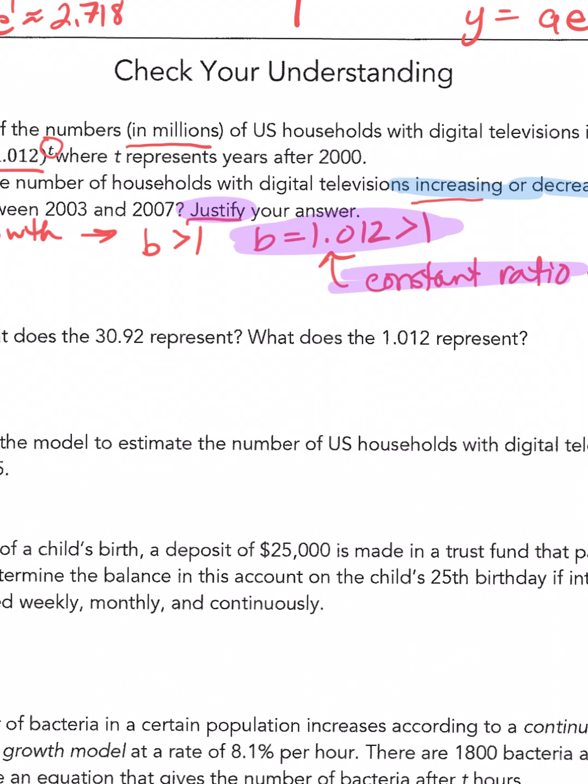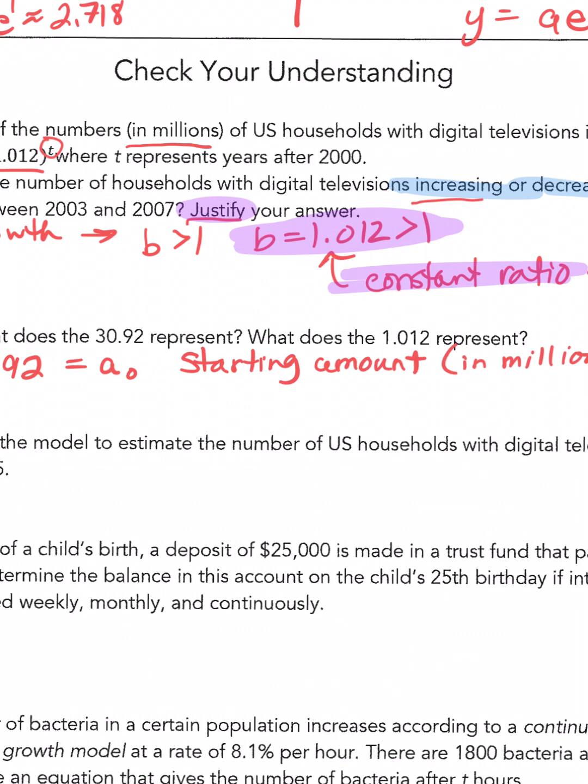It says, what does the 30.92 represent? Well, the 30.92, that's going to be your a sub 0, isn't it? So that's going to be the starting amount, in millions of U.S. households with digital televisions.